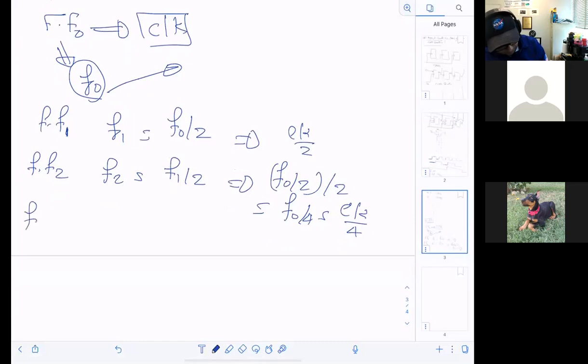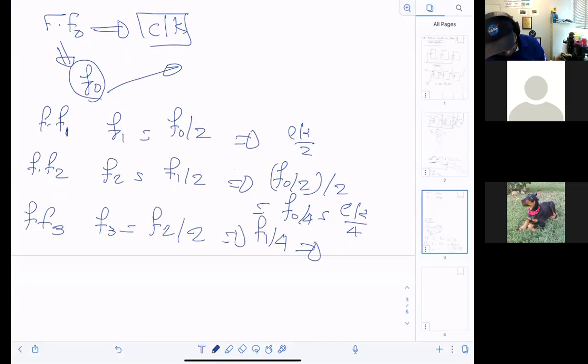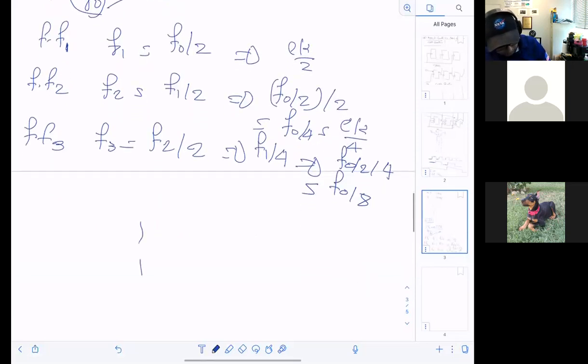Now I have flip-flop 3, which is F3, equal to F2 divided by 2, which is F0 divided by 2 divided by 4, which is gonna be F0 divided by 8, and you continue. Now you understand what I'm saying?